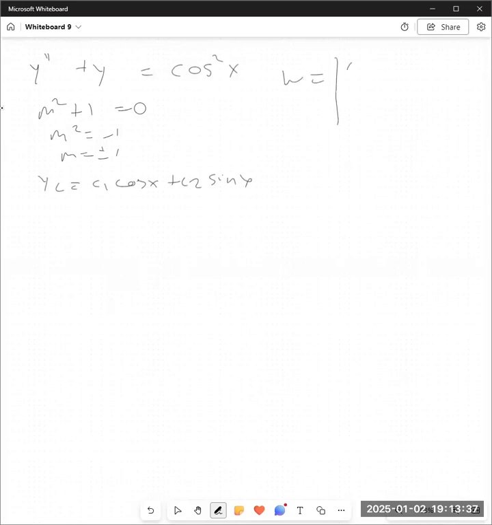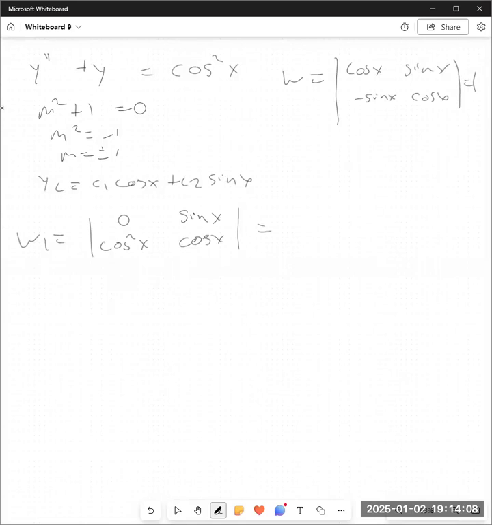Wronskian is cosine x, sine x, negative sine x, cosine x. We know that that's going to be equal to 1. Done that enough. So our W1 is equal to, this is going to be 0, cosine squared x, sine x, cosine x.